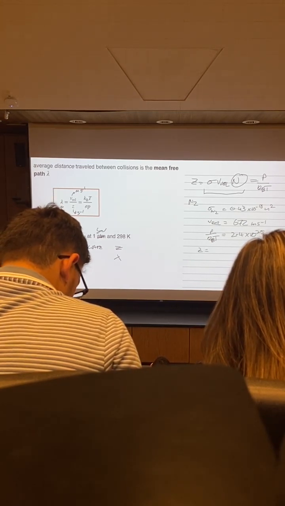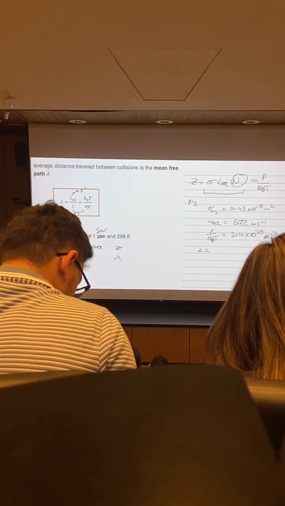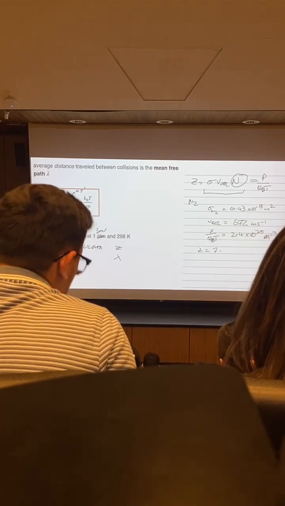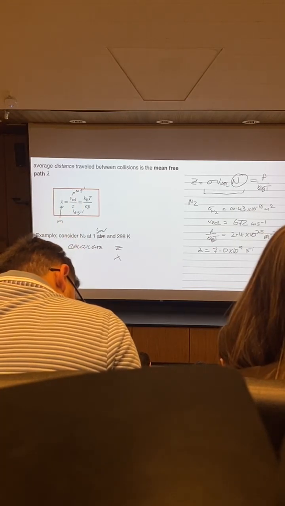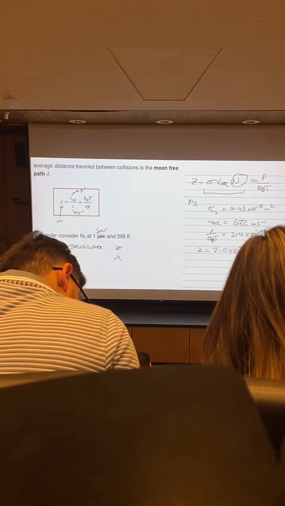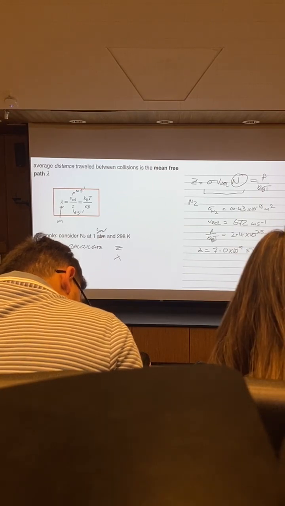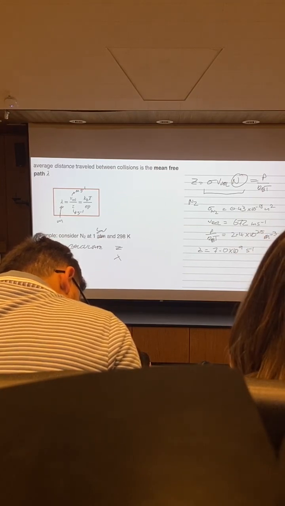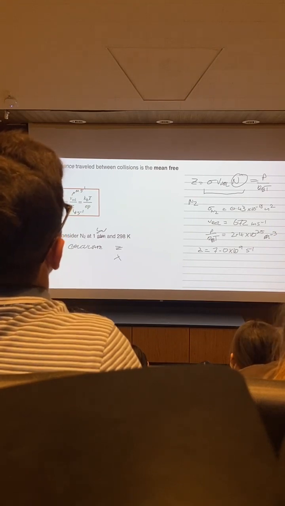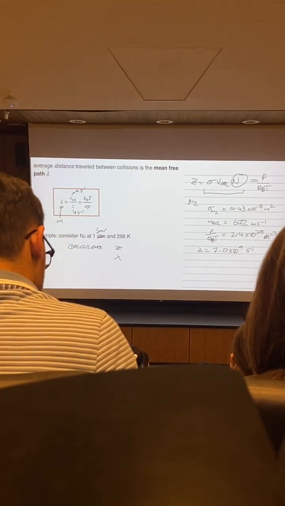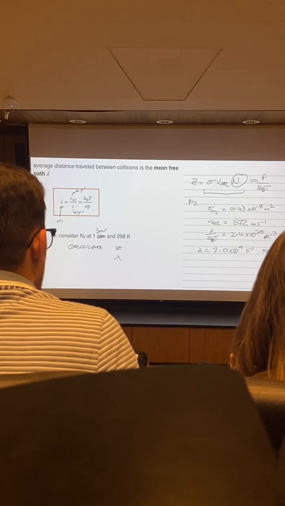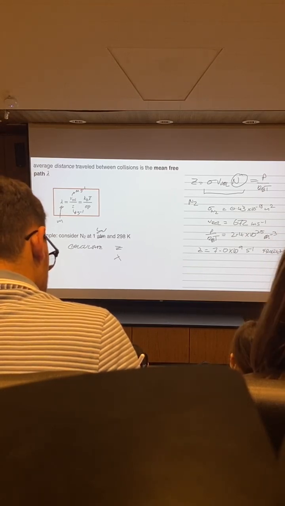If I do that, I find that the frequency of collisions is 7.0 times 10 to the 9 per second. That is, a molecule of N2 bouncing around in the air undergoes something like 7 billion collisions every second. The time between collisions is just 1 over this number.